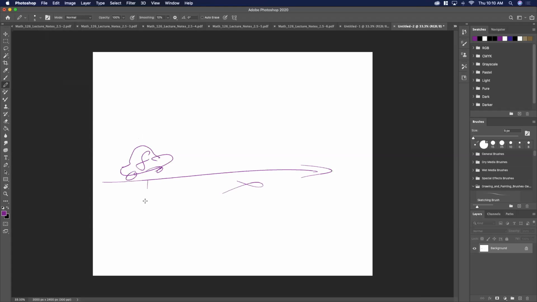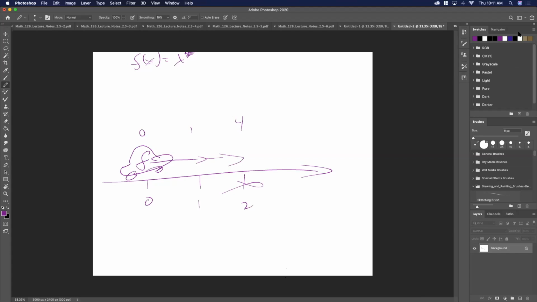For the function f of x equals x squared, at 0 the value I get is 0, at 1 I get 1, and at 2 I get 4. As this car moves along the track, I'm producing these numbers.